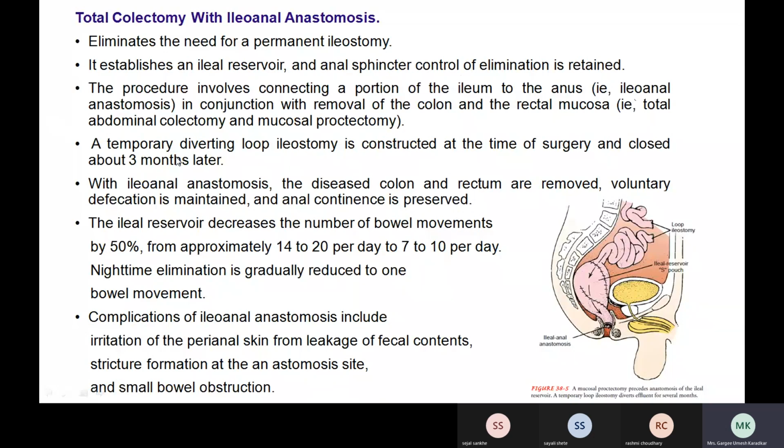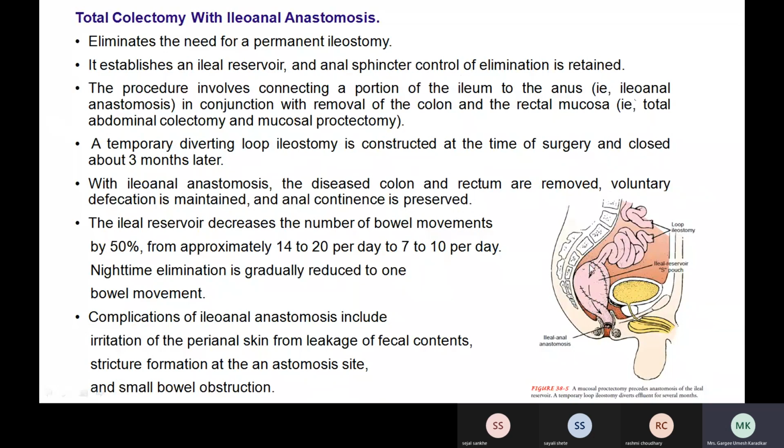Here, a temporary diverting loop ileostomy is constructed at the time of surgery. So even if an ileostomy is there, it is only temporary, and it will be closed about 3 months later. Why is that done? Because this ileum will take time to heal, no? Instead of the bowel, it now has to start functioning.